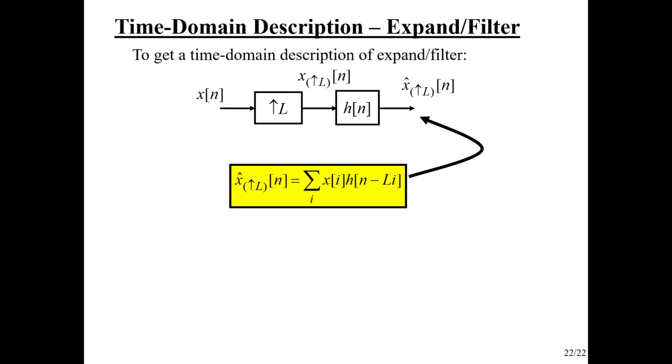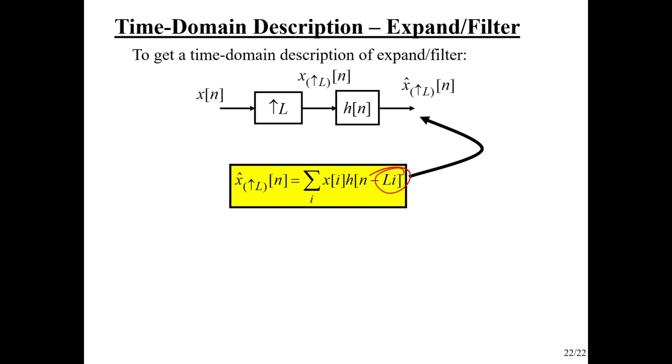Let's look at an efficient way to do the expand and filter. So remember, this is stuffing in a bunch of zeros, and then I'm doing a convolution with h. Well, I just immediately wrote that out, right? There's certain values in here that I don't need to multiply by h values. So I would just skip over those h values when I do this sum to compute an output. And so that's what I'm doing here.